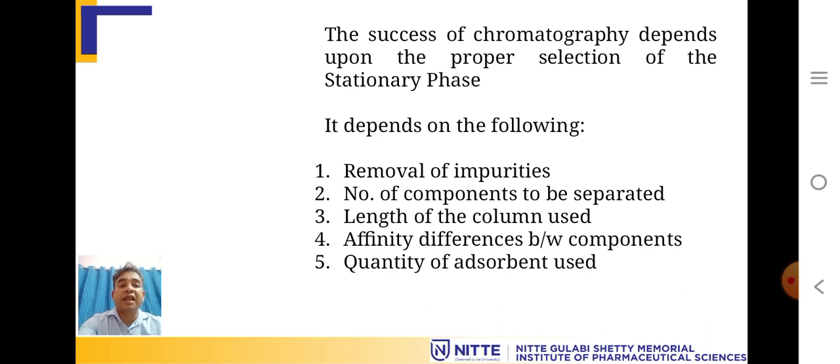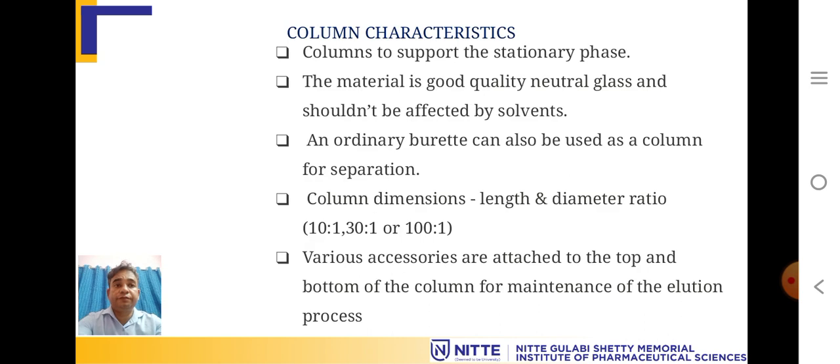These are the success parameters of your column chromatography. When you are choosing, you must take all these into consideration: how to remove the impurities, how many components you are going to separate, and the length of the column. These are all important parameters for the success of a column chromatography.